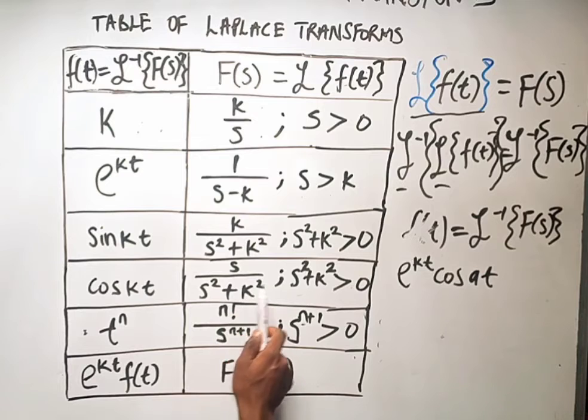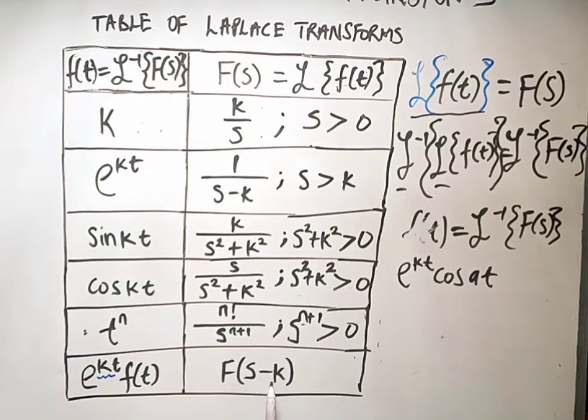Whatever constant you have here, you're going to square it. Now this notation means that in the function of s, you replace s with s minus k, where k is the constant in the exponent, in the power of e.